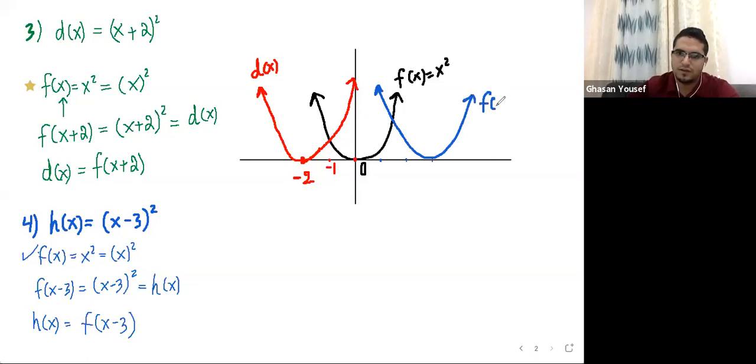So this is f of x, h of x. The blue one is h of x. Any questions for the graphs?